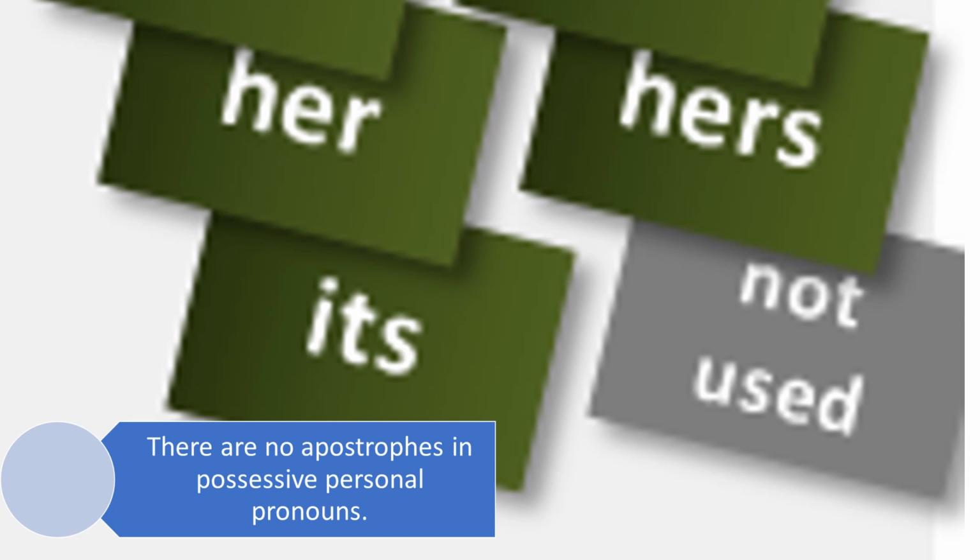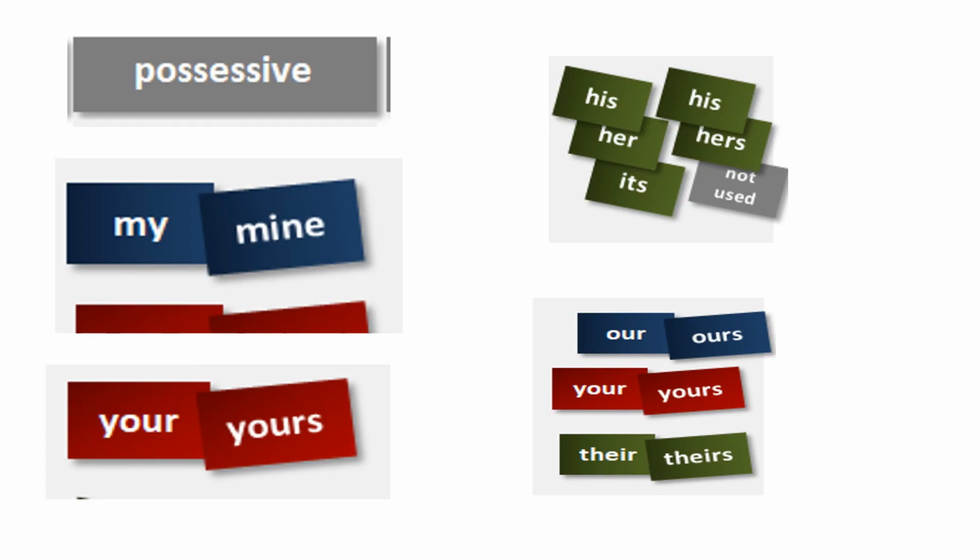And when you use the possessive pronoun its, you don't put an apostrophe. And I hope that this is a rule you will remember to help you learn how to use apostrophes correctly. So the first rule that you need to think about is when you're using personal pronouns, don't use an apostrophe. So your possessive pronouns, a quick reminder: my, mine, your, yours, his, her, its.